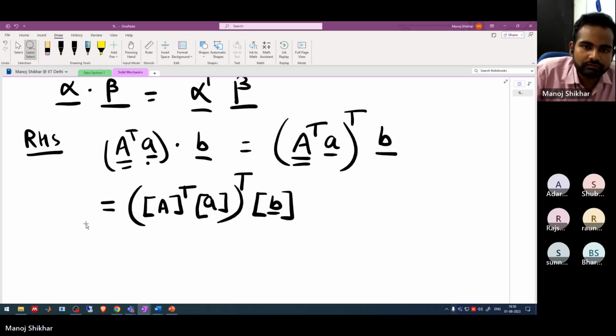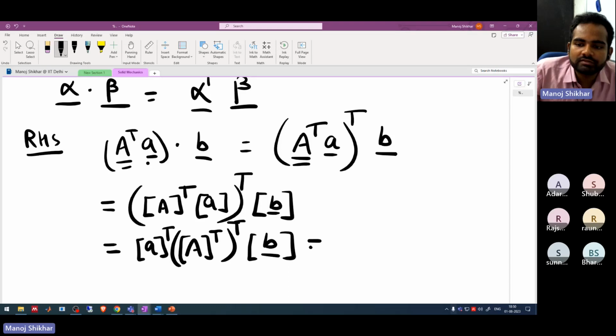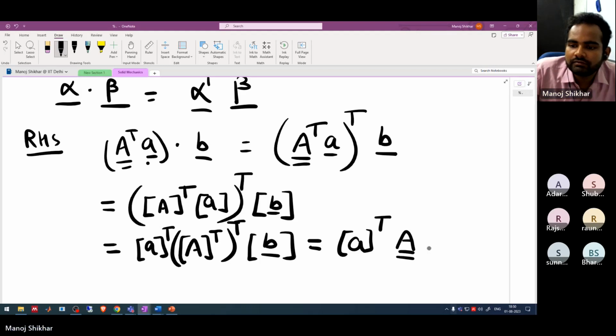So from matrix operations, we know that we can write this thing as A transpose transpose. So the transpose of a transpose will give us the same matrix. We can write it as A, B.